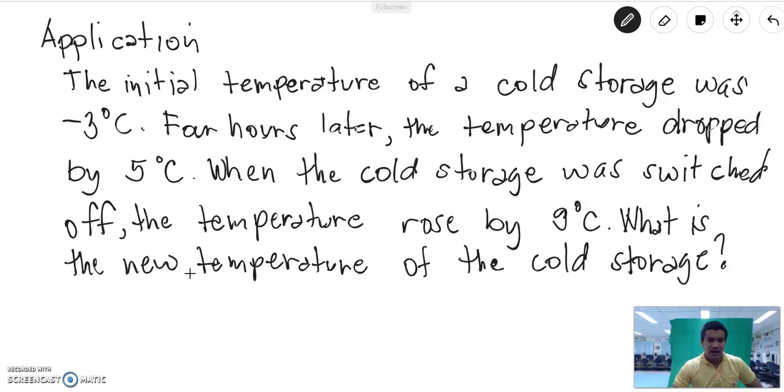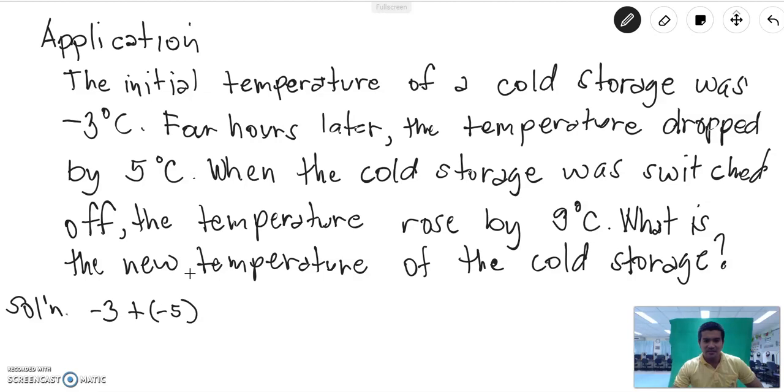So when we determine what the problem asks, we have to determine the given. So the first given is negative 3. And then 4 hours later, the temperature drops. So you have to add, because it dropped, so it's negative 5, negative 3 plus negative 5.